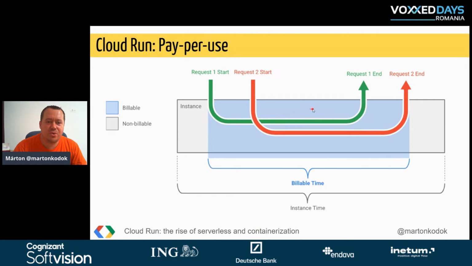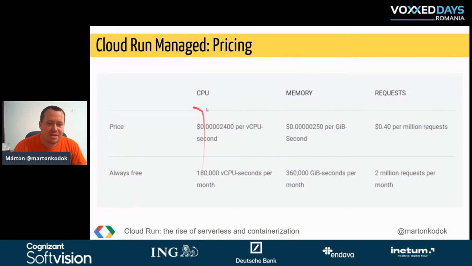It's very straightforward, and very helpful because it lets you run concurrency. There are some prices here, but you need to use the calculator to get your numbers for the serverless application. Literally, 4 million requests cost 40 cents, and 2 million requests per month are free.